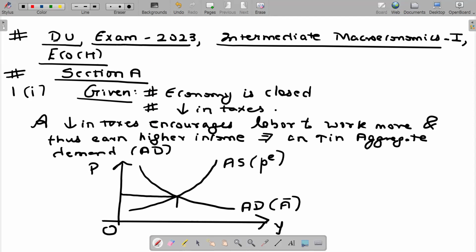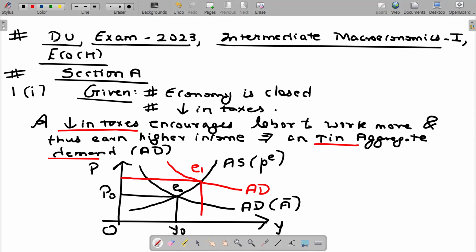This is my initial equilibrium E naught, this is P naught, this is Y naught. A decrease in taxes would ultimately lead to an increase in aggregate demand from the labor market. The aggregate demand curve is going to shift to the right. When aggregate demand shifts to the right, you can see there is excess aggregate demand. Excess aggregate demand would drive up the prices.